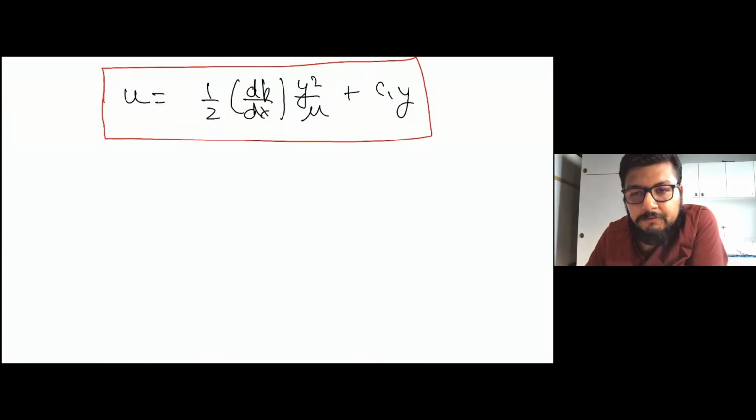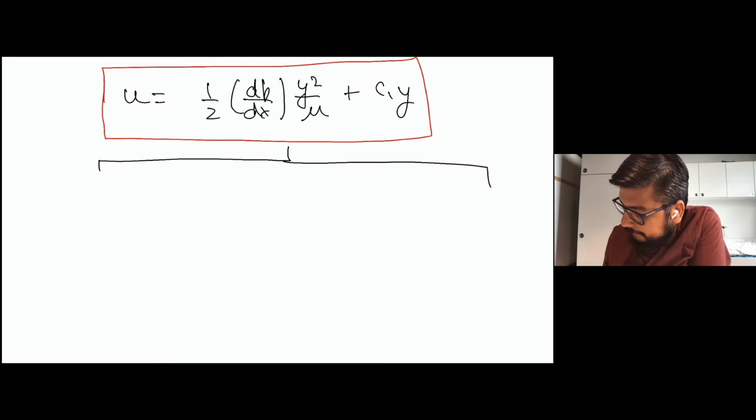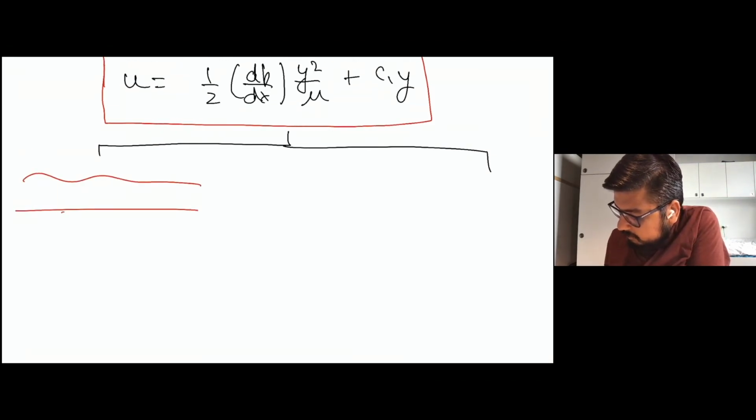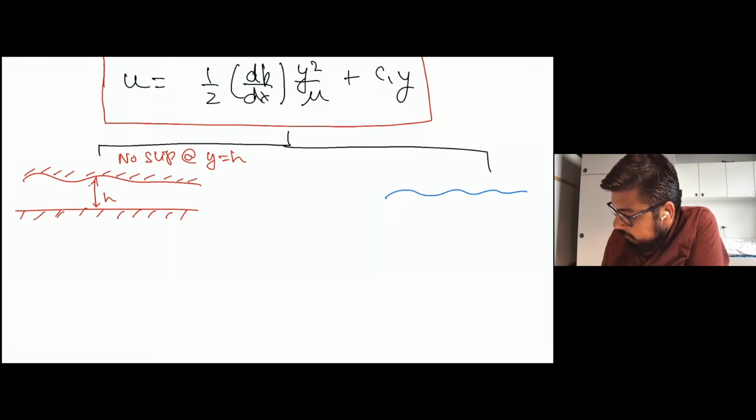Now, moving forward from here, we can have one of these two cases. We can have a case where at y equal to h, there is a no slip boundary condition. Or we can have another situation where at y equal to h, we have a free slip boundary condition.